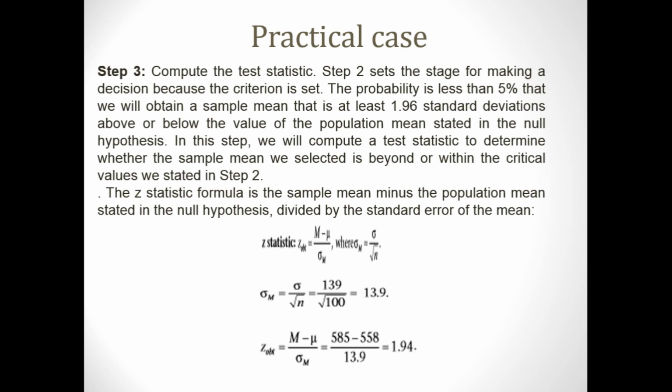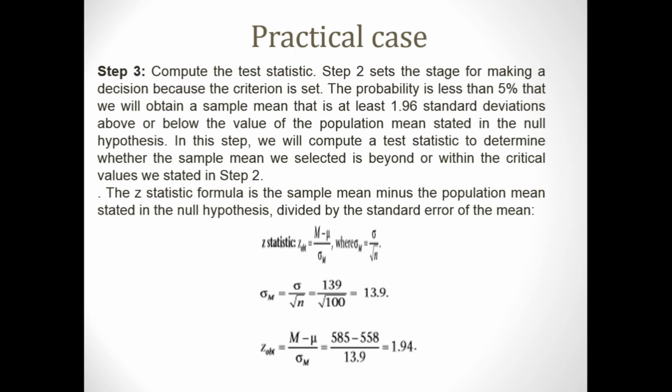Our calculated standard error is 13.9. So the z-score is the sample mean minus the population mean stated in the null hypothesis, divided by the standard error of the mean. We find that the test statistic is 1.94.